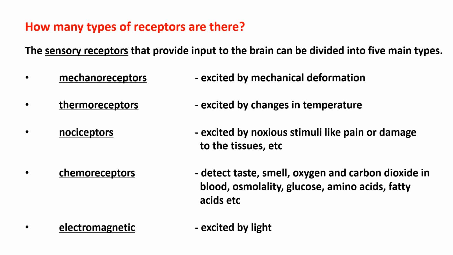And you also have the electromagnetic ones. These are usually excited by light. So very broadly speaking, the various types of receptors in our body can be divided into 5 major types: Mechanoreceptors, Thermoreceptors, Nociceptors, Chemoreceptors, and electromagnetic receptors.